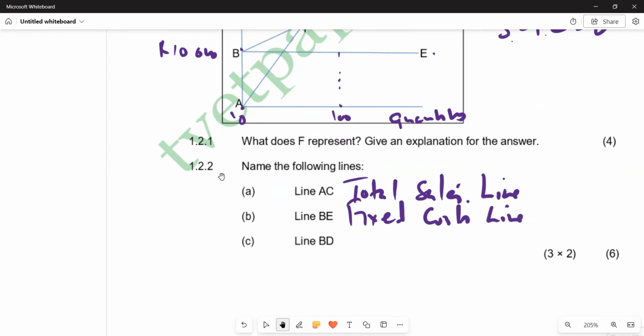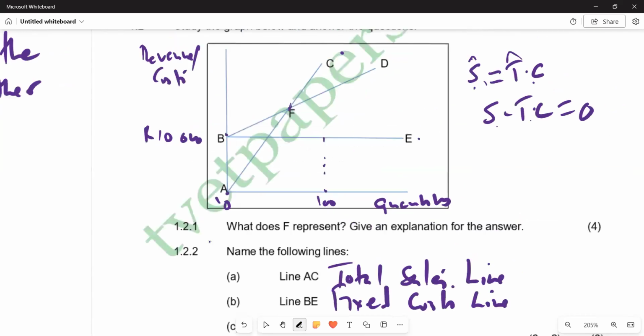Then we go to BD. We see that this line starts at the amount of fixed costs. Obviously it's total cost, because to get your total cost, you say fixed costs plus variable cost. Variable cost changes with the level of output. At 0 output, you are going to pay 0 variable cost. So at B, we have your 10,000.